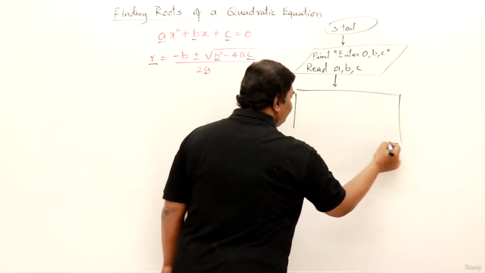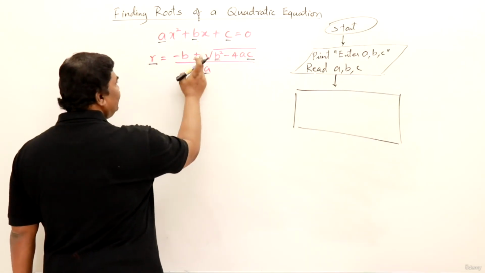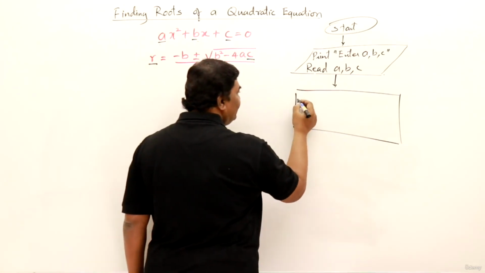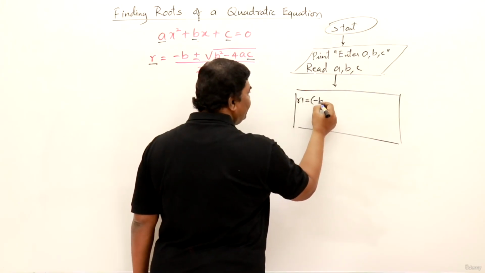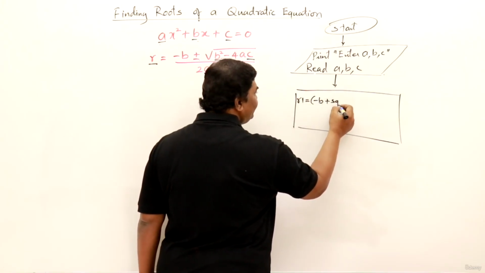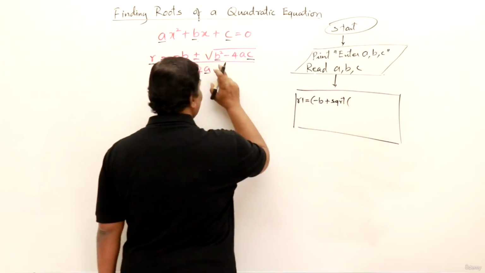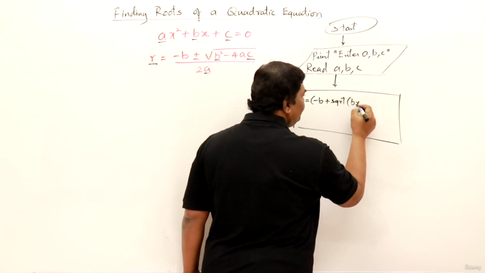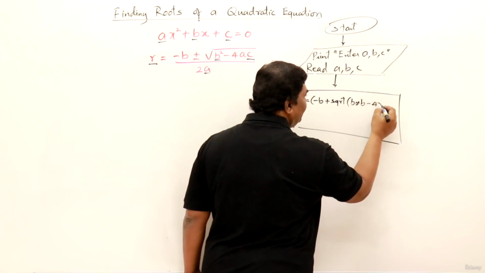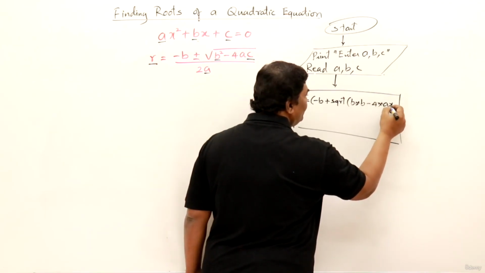Next is process. In the process, we get two roots, because one is with plus and one is with minus. So R1 is the first root, and that is minus b plus sqrt of b square minus 4ac. So this is b into b minus 4 into a into c.